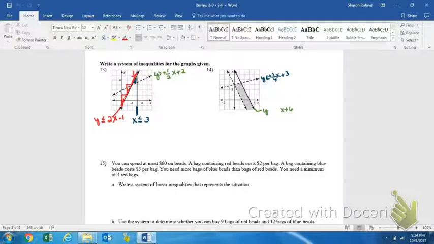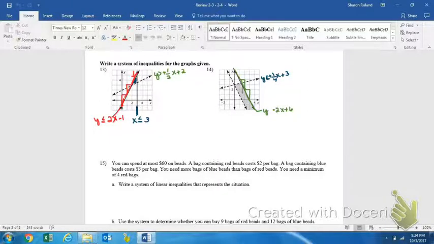The slope is going to go up 2 over 1, so it's 2 over 1, which is 2. And then you check. This is going downhill, so it's a negative.